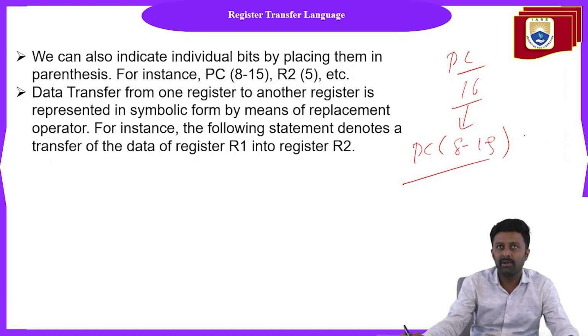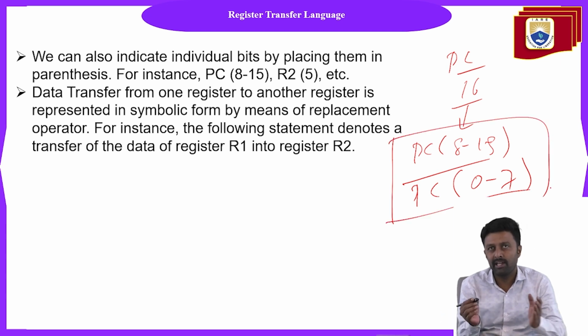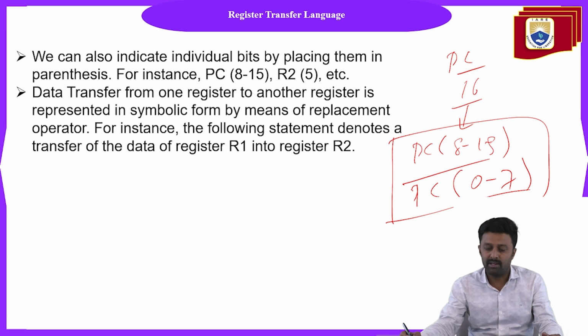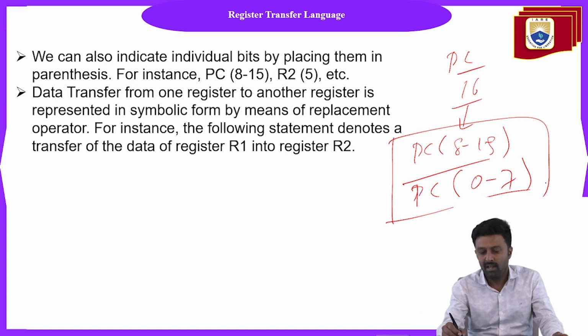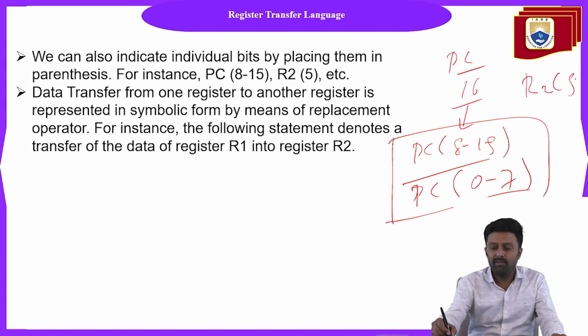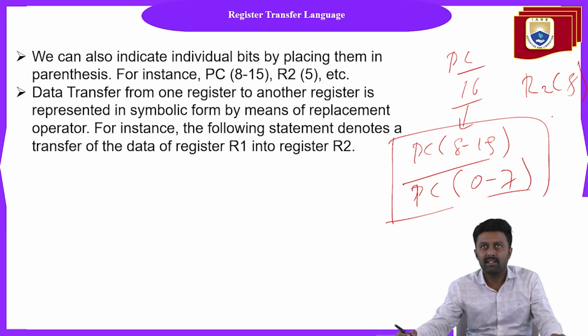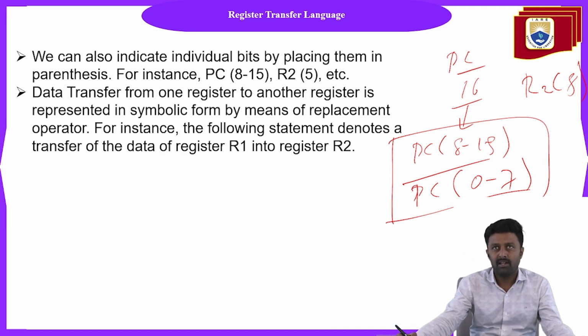So these are 8 bits, and we can also say PC 0 to 7. Since the program counter is of 16 bits, we can take individual 8 bits at one time. If you write PC 0 to 7, it means it consists of the 8 bits from 0 to 7. Similarly, we can write it for the different other registers also, so based on the individual bits also we can represent.